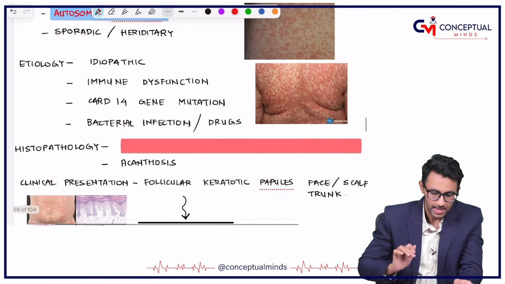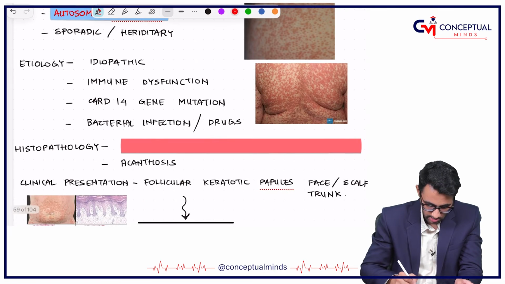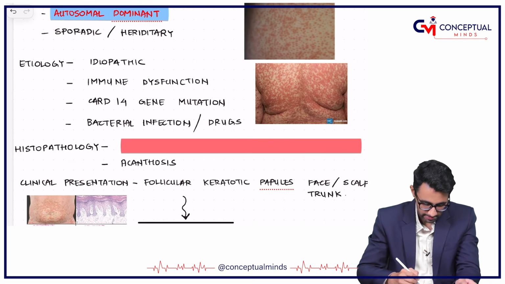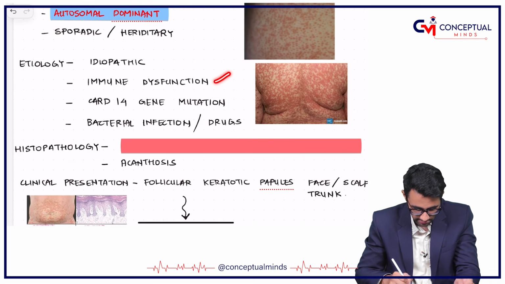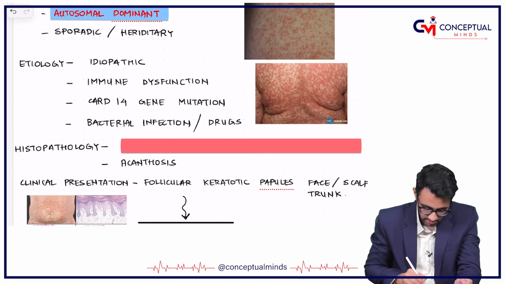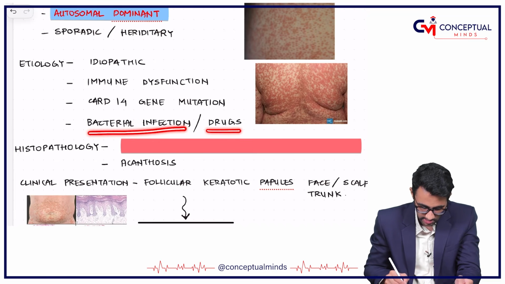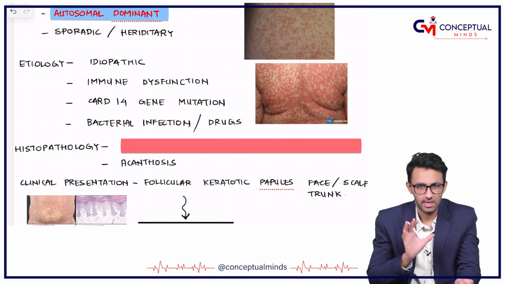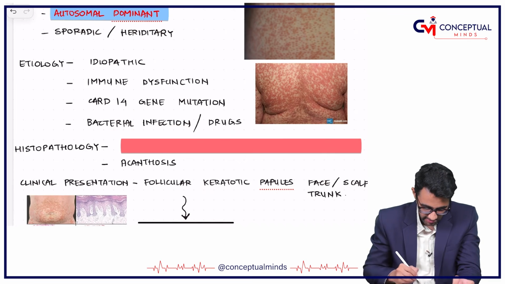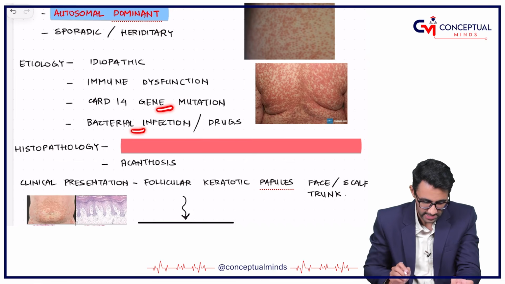The next one is the etiology. We just did the etiology part, that it is sporadic, but why is it happening? It is because of immune dysfunction and the CARD14 gene mutation. It could also be because of some bacterial infection or drugs. Moreover, everything else is just under the idiopathic part. So we have a gene mutation and bacterial infection as well.